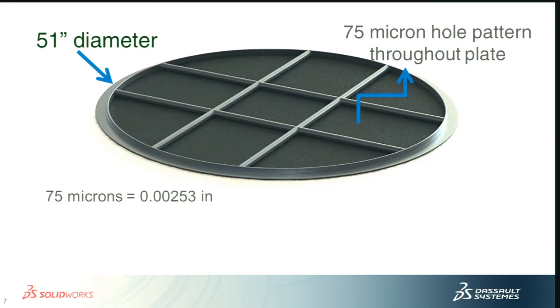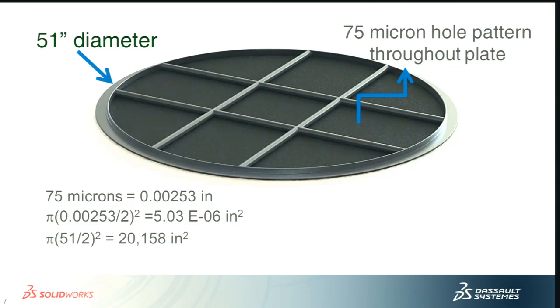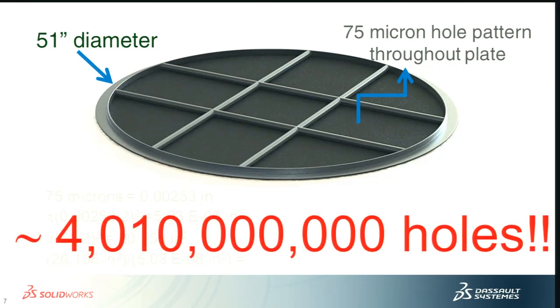Really small. The surface area of each hole is about 5 times 10 to the minus 6 square inches. The surface area of the filter is over 20,000 square inches, right? So if you divide one by the other, we've got over 4 billion holes.